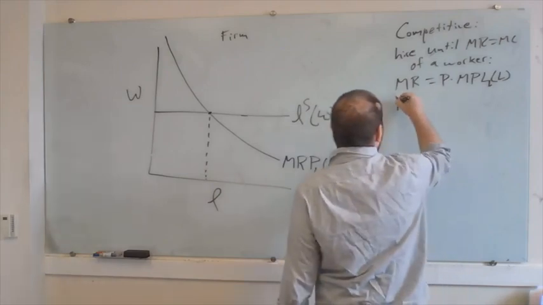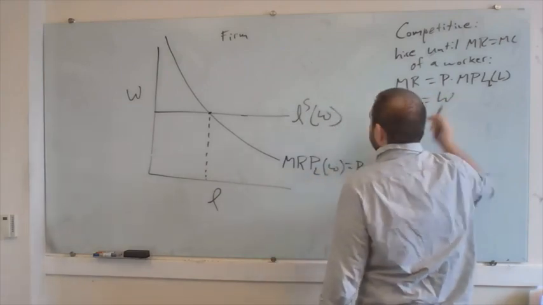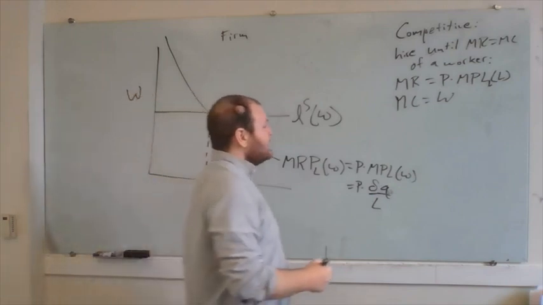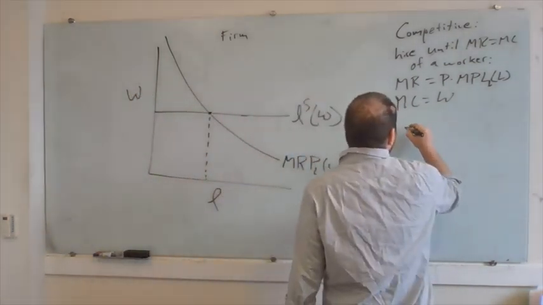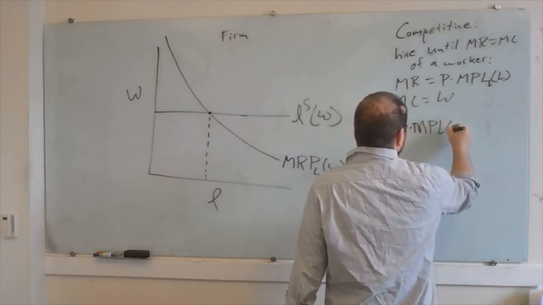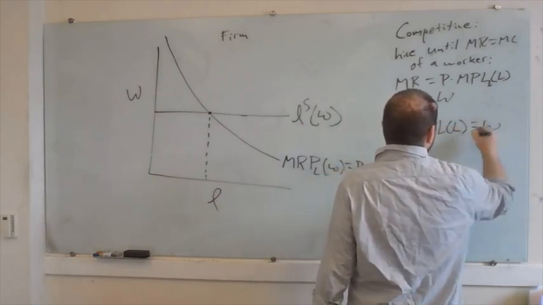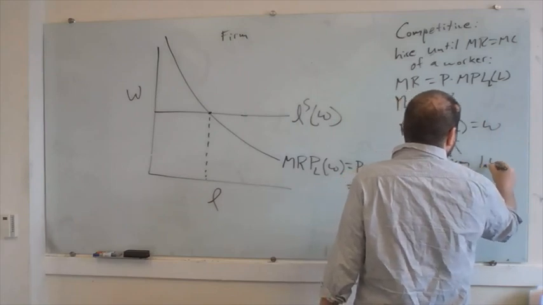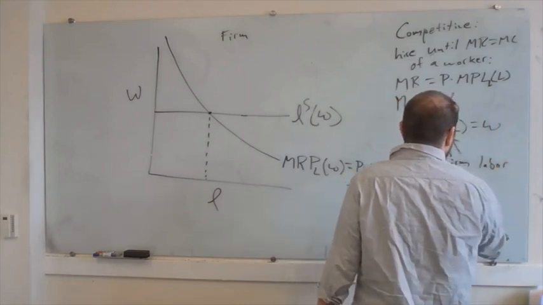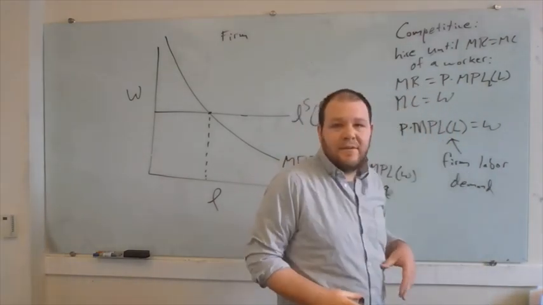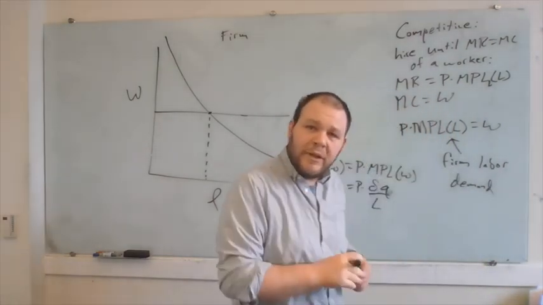Marginal cost just equals the wage, since each worker costs us exactly W to hire. So our rule is price times marginal product of labor equals W. This is the firm labor demand. Solving this for L gives us the firm labor demand. This all looks familiar?